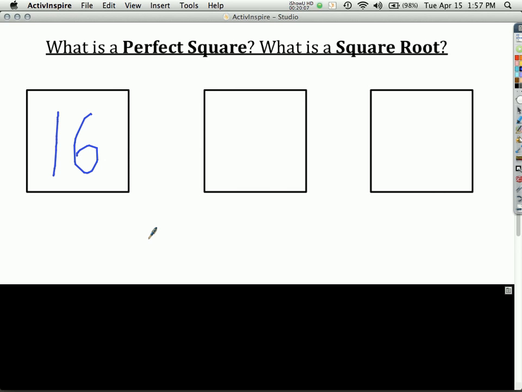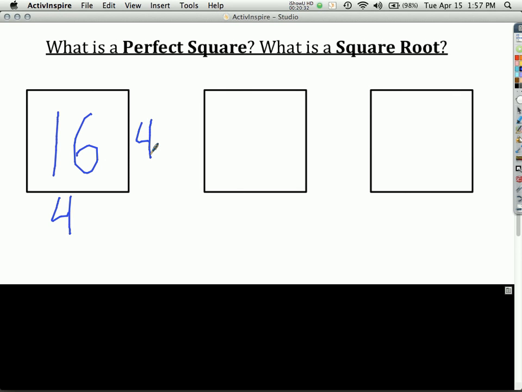Because the number times itself equals 16. Okay, so what is the number in this case? 4. So 4 times 4 gives us a 16. And so that's called a perfect square because it forms a perfect square. That's what a perfect square is.